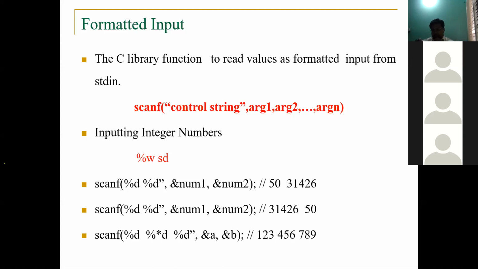But say for example, I have a hyphen between DD and MM, and between MM and YY. So I want to skip that hyphen. Then I will use this percentage star. If I want to skip certain set of characters, I use percentage star. Is that fine? Yes, sir.